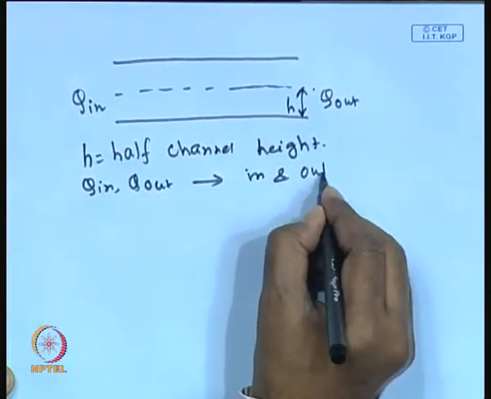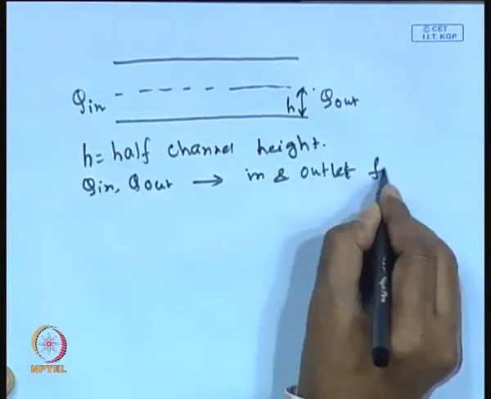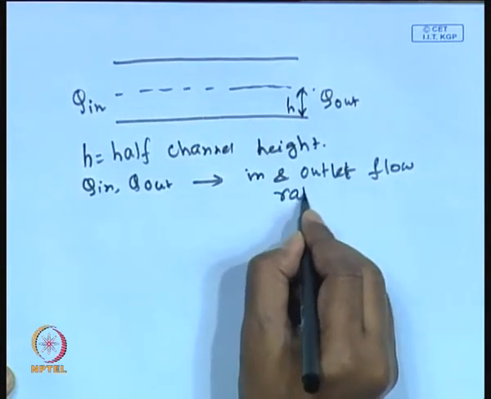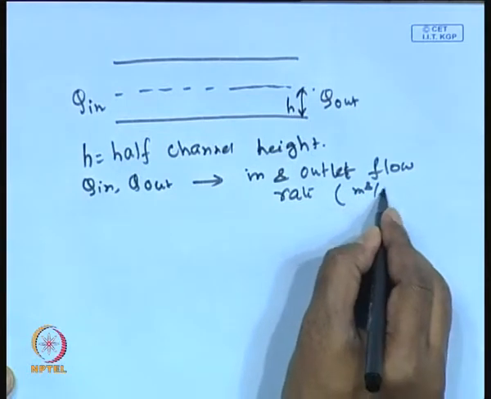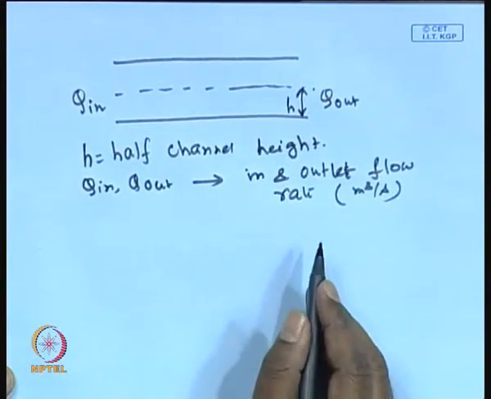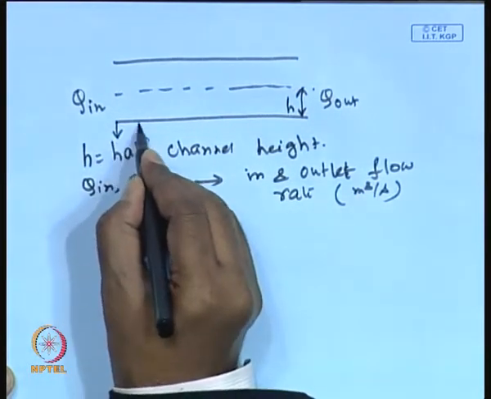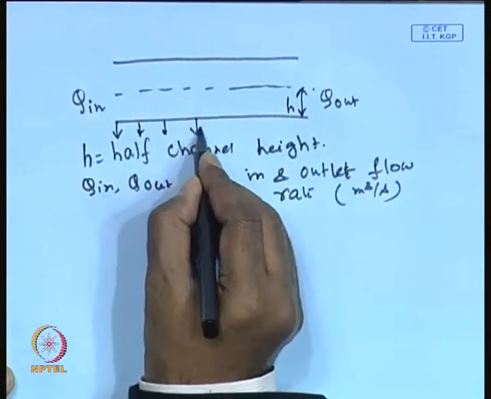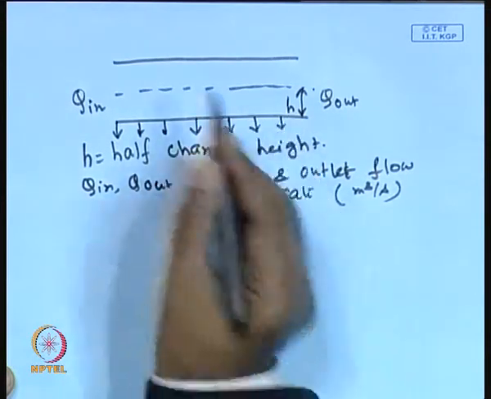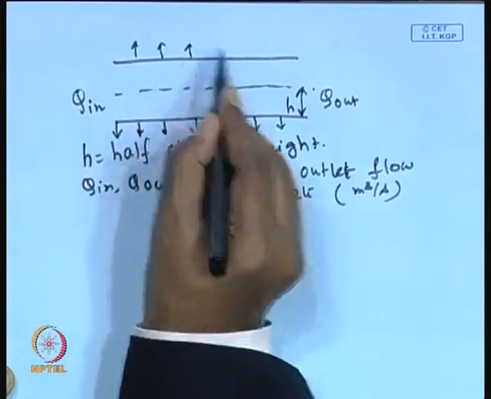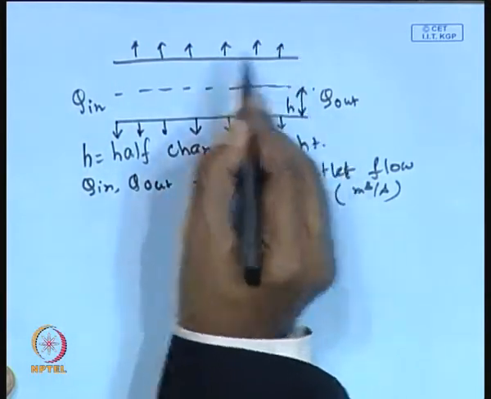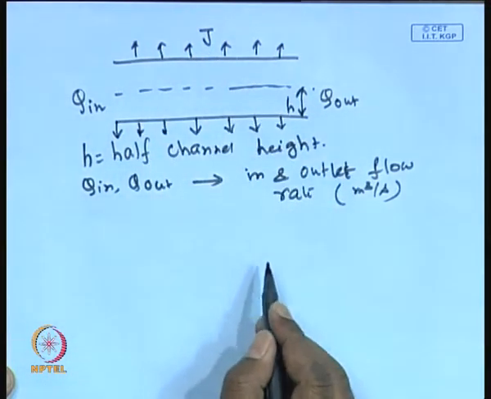At the inlet and outlet, flow rate in meter cube per second, and you will be having a constant suction or constant permeation rate from the walls, that is J from both the walls.